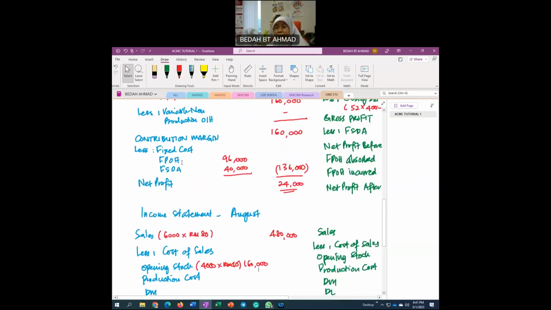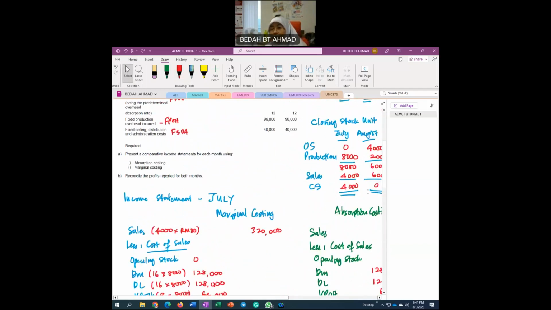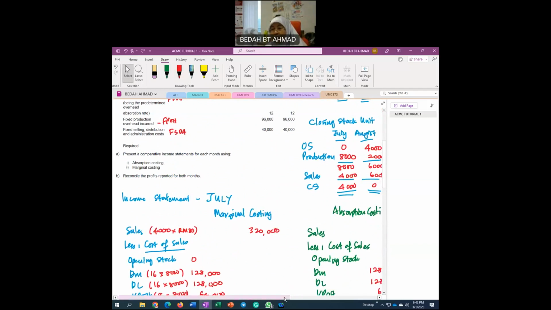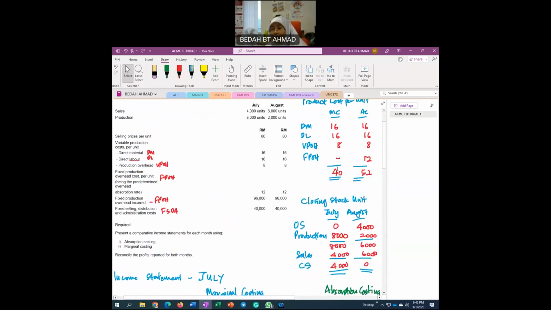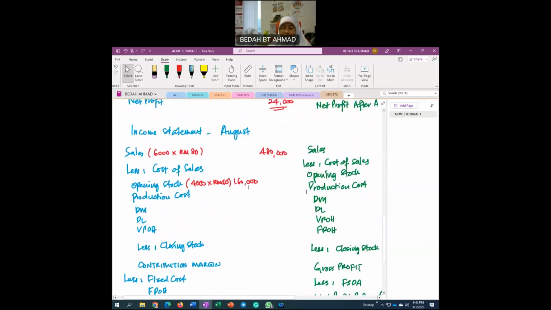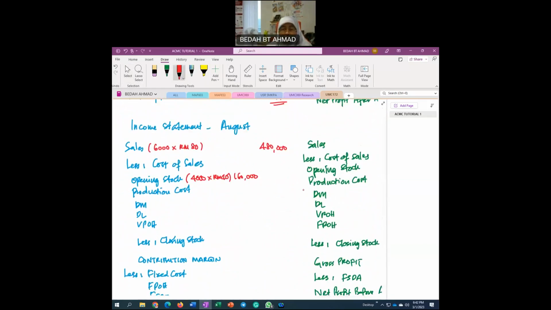So this opening stock is here. So in August, we have the 4,000 here, opening stock at cost per unit, marginal costing, 40 ringgit. Okay, so then less the production cost, which is the direct material 16, direct labor 16, and variable production overhead 8, multiplied by the unit produced. So here the unit produced is only 2,000.